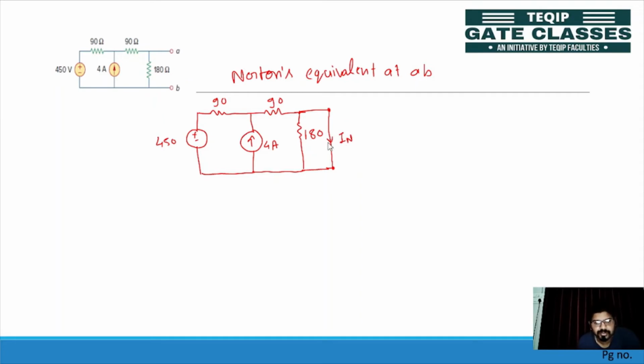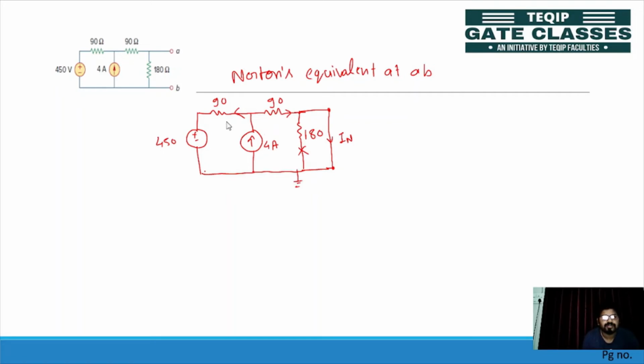So if you shorted the terminal, then the branch which is in exact parallel with this shorted branch, there is no use of this branch, because the current flowing from here will bypass this 180 resistance and will flow through this short circuit, because current always follows the minimum resistance path. So your circuit is simply, there is a current flowing like this and there is another current flowing like this, that is your IN. So IN is flowing from 90 to ground directly.